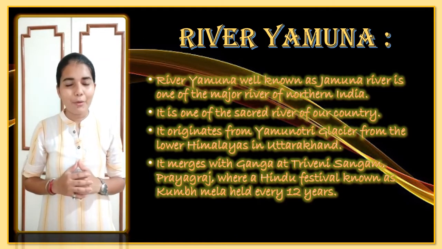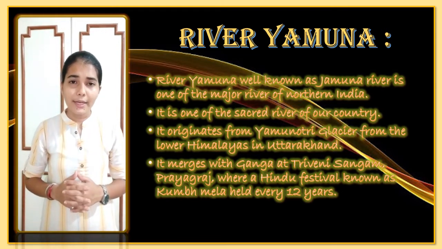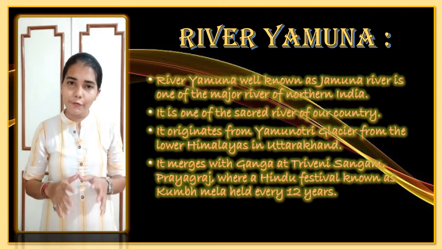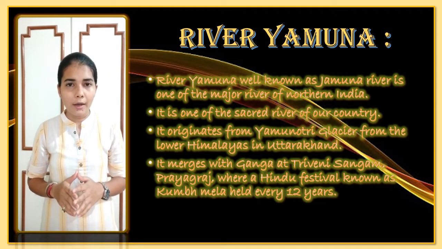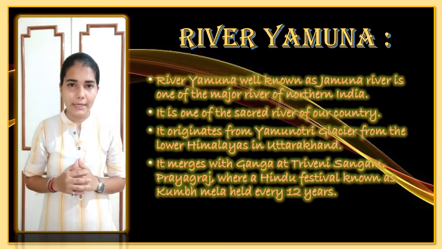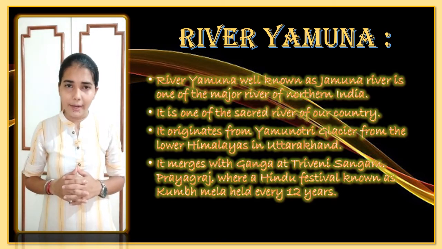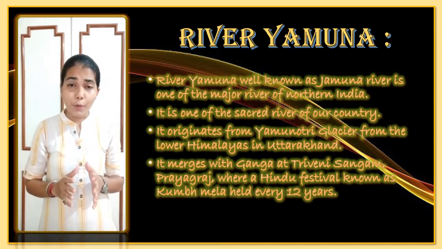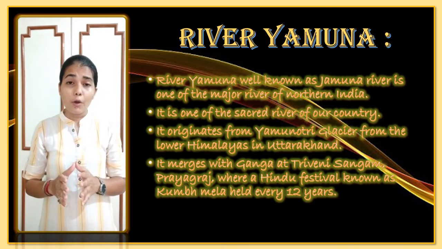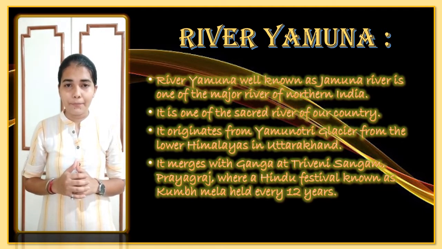If we talk about the Yamuna River, well known as Jamuna in northern India, it is one of the major rivers of northern India, primarily in Uttarakhand and Uttar Pradesh states. It is one of the most sacred rivers in India. It originates from the lower Himalayas at the Yamunotri glacier in the Uttarakhand state.